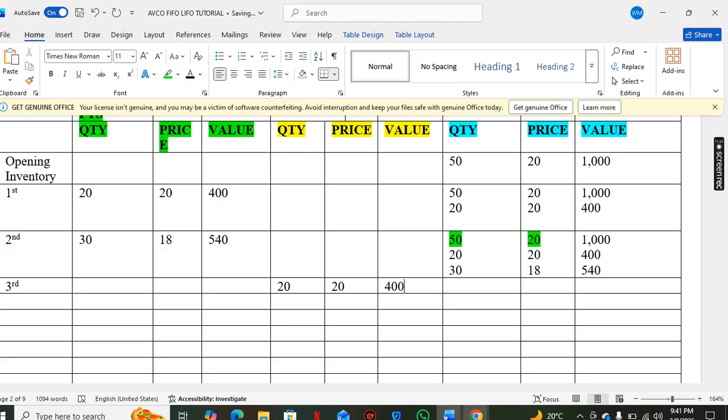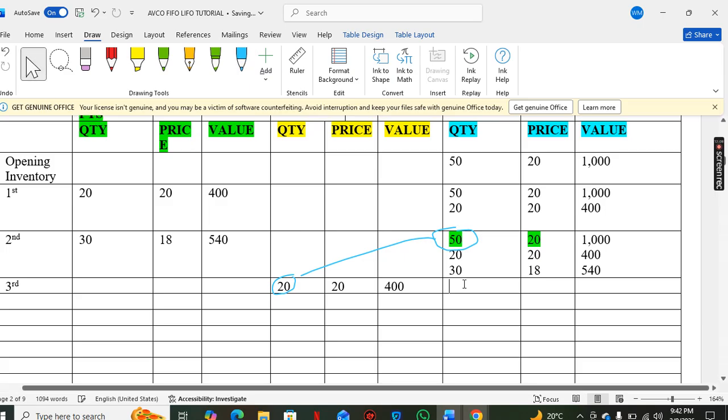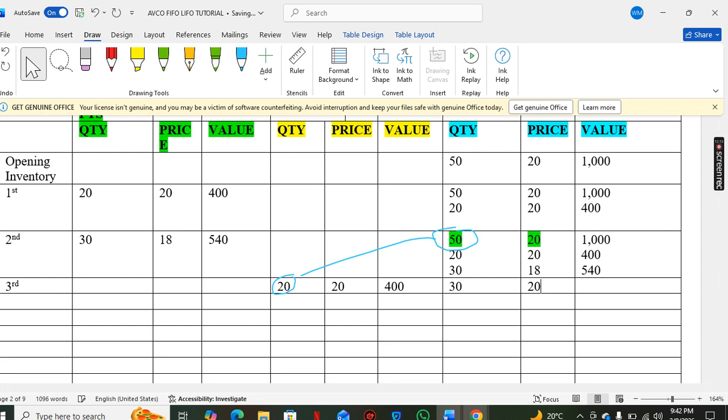Any questions before we move further? So these 20 units have been removed from where? This batch here. So 50 minus 20, we remain with 30 units of this batch here. So we remain with 30 units valued at 20 kwacha, which is 600 kwacha.